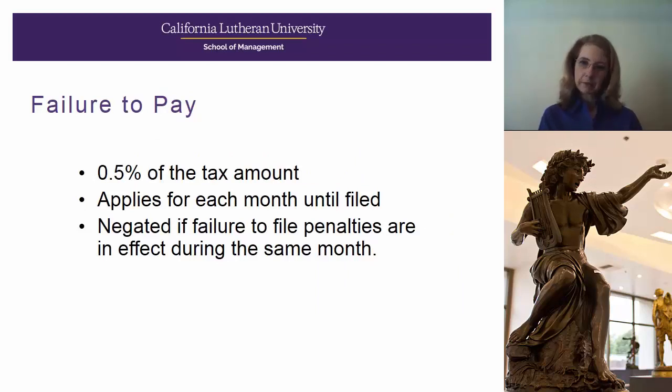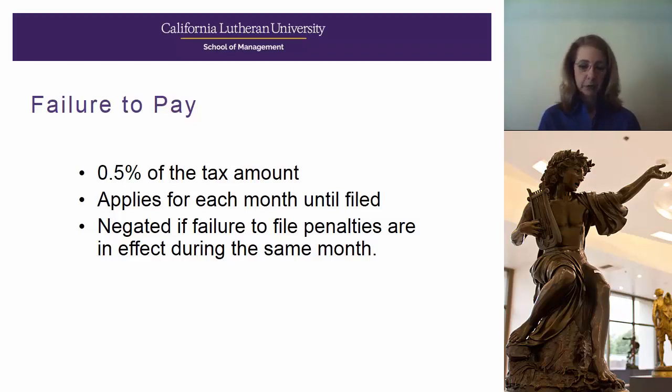In addition to that failure to file, the taxpayer may be assessed a failure to pay. This is 0.5% of the tax amount for each month until the return is filed. But if you're paying that failure to file penalty, then you don't have to pay the failure to pay penalty in addition. And so this is important to remember and to let our clients know that just because you file that extension on April 15th does not mean you have more time to pay taxes.